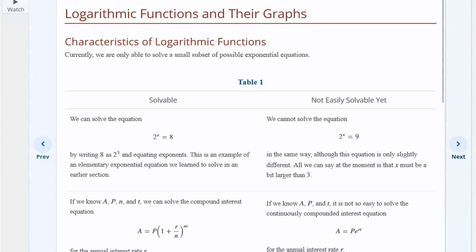Now, one of the background items in looking at logarithms is to see how they relate to exponential functions. And one of the things I'd like you to include in your notes is what they're showing us here, which I'll write big here.